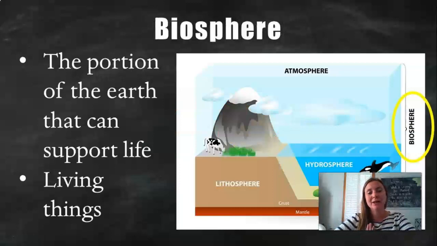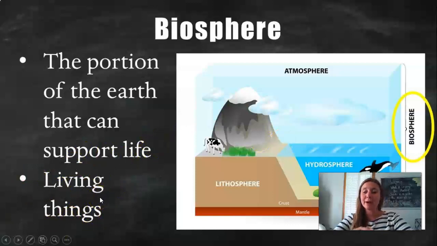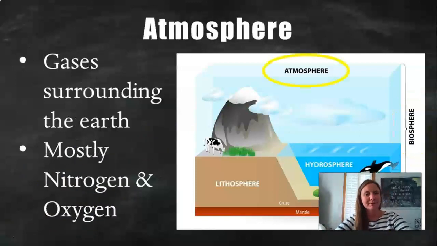Biosphere, once again, everything that is living, that's pretty much the idea here, and supports life. So this is our abiotic and our biotic factors that can be a part of the biosphere. And then our atmosphere is just the gases that surround the Earth. So our oxygen, our CO2, our nitrogen, our methane, those types of things that make up the atmosphere are really significant to what's happening here on Earth.